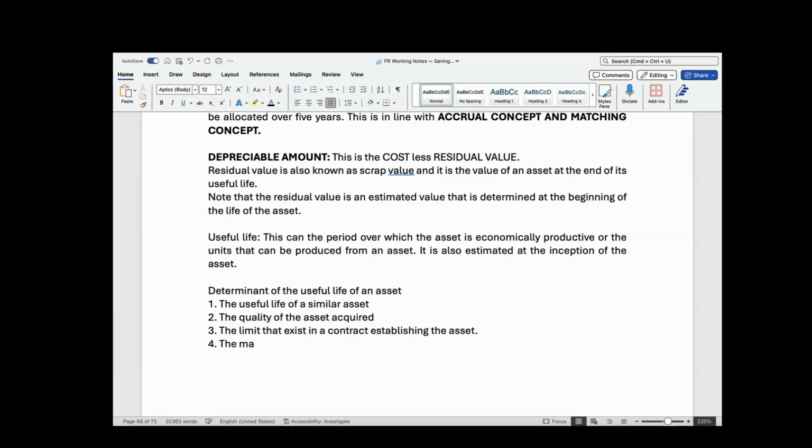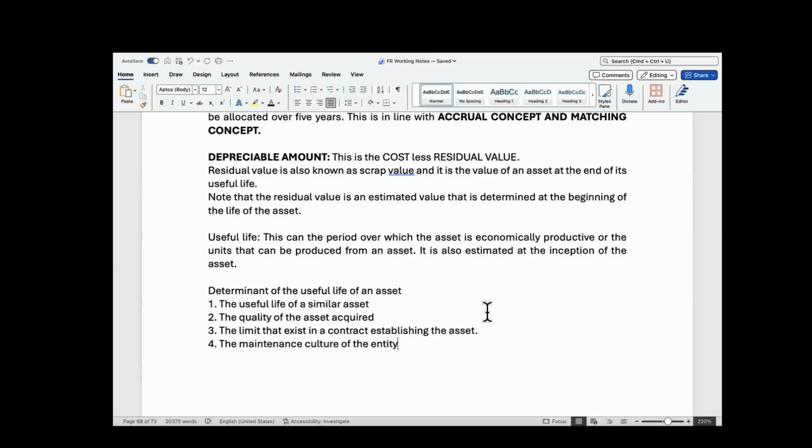Or it could be the maintenance culture of the user. The maintenance culture of the entity can also determine the useful life of an asset at the end of it, as it were.